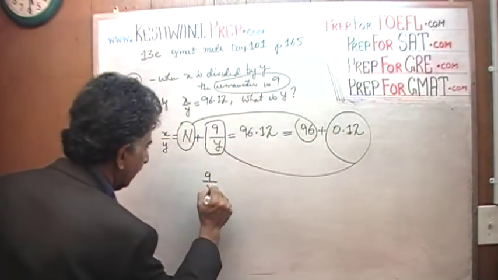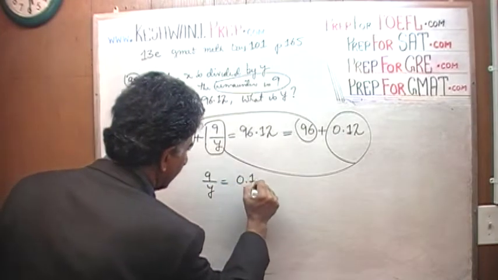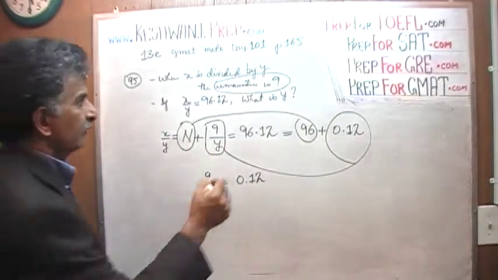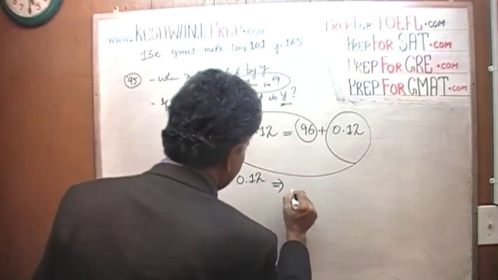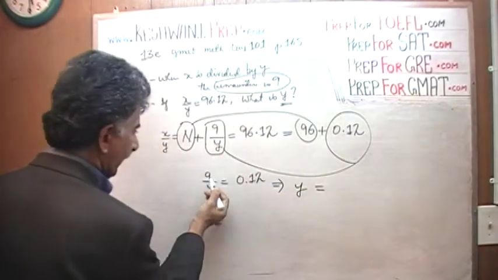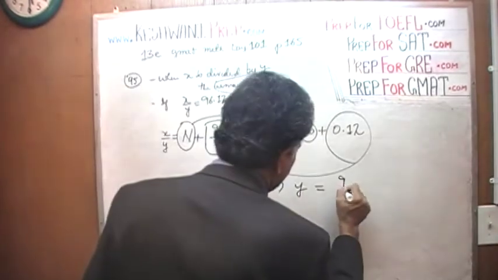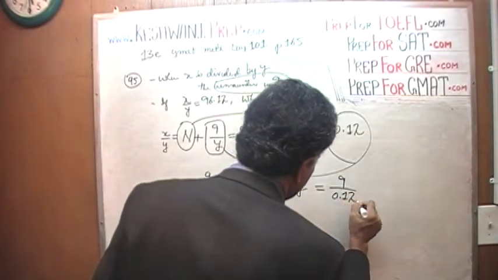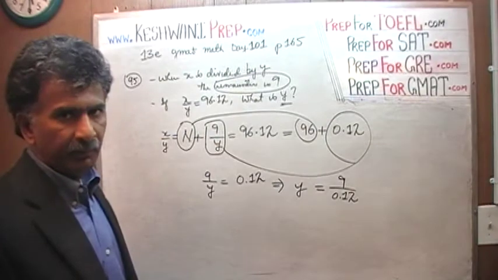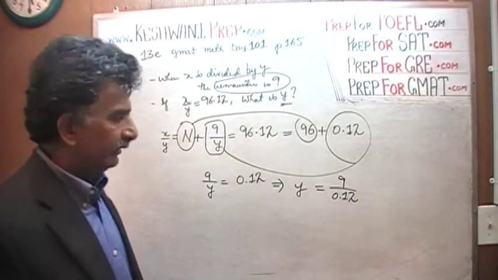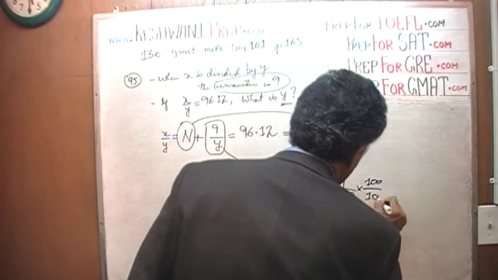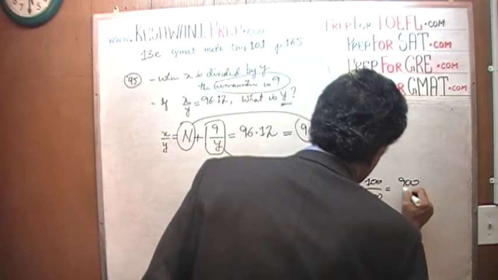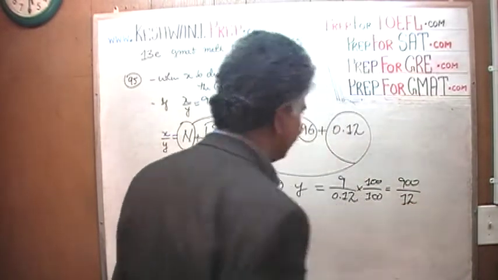And we are interested in knowing the y. Therefore, this implies that y must equal 9 divided by 0.12. I don't like dealing with decimals, do you? Let's multiply the top and bottom by 100, and we end up with 900 over 12.